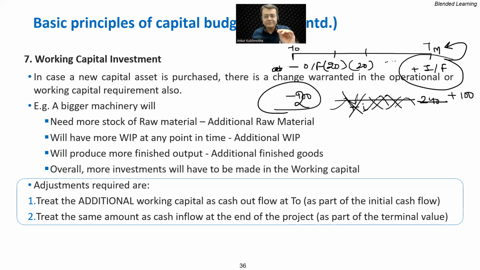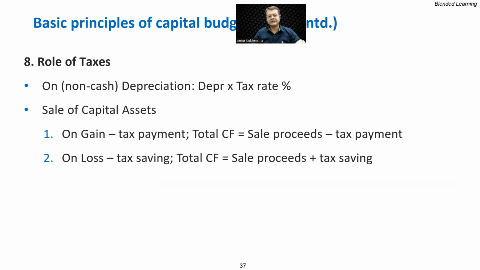All right. So the treatment that you got to do, remember, show that as an outflow today, at T0, and show the exact same amount as an inflow later on. And the last principle that I have, which is again going to require a lot of discussion in the live classes, is on the role of taxes. And by tax, I don't mean the indirect tax, I mean the direct tax.